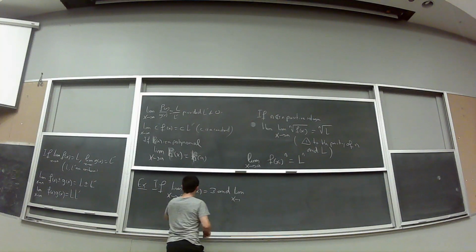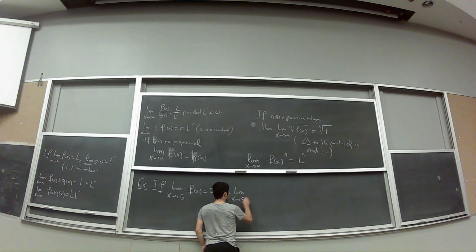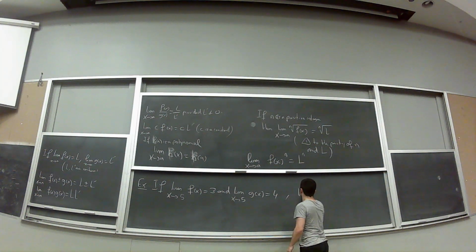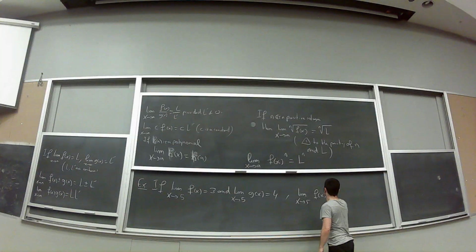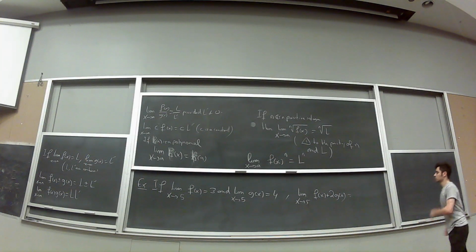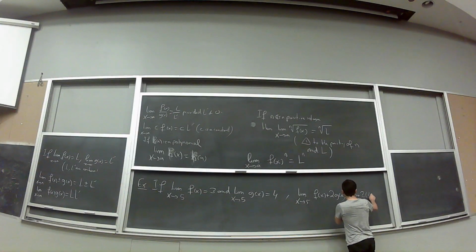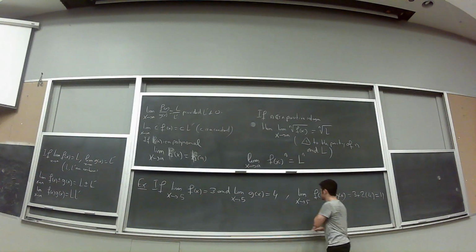Okay. And what is that? F of x plus 2g of x, what is this limit? 3 plus 2 times 4, what is that? 3 plus 8, which is 11, right?